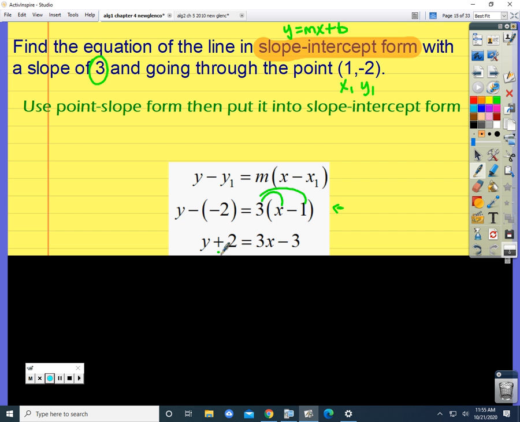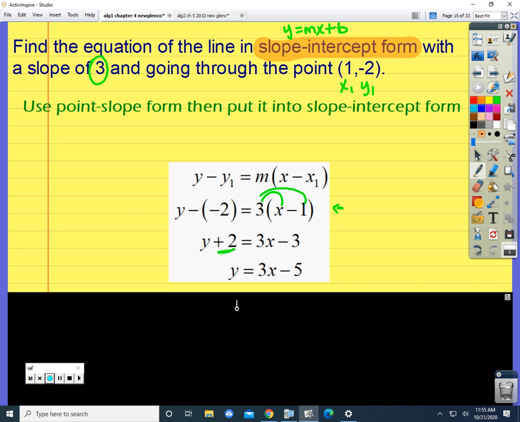The last thing to do is right here. We got to move this over to this side because we want to have it y equals mx plus b. So you want to get the y by itself. So we're going to subtract 2 on both sides. And when you subtract 2 on both sides, that's gone. And this turns into -5. So this is what they're wanting when they say write your answer in slope-intercept form. So make sure you finish the way you're supposed to.